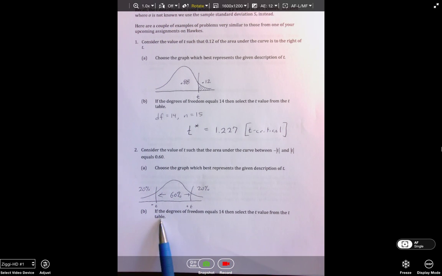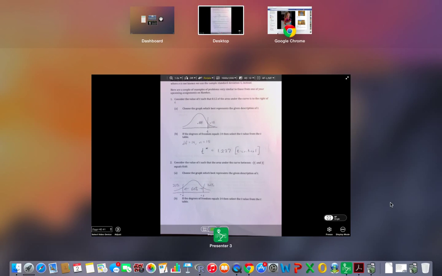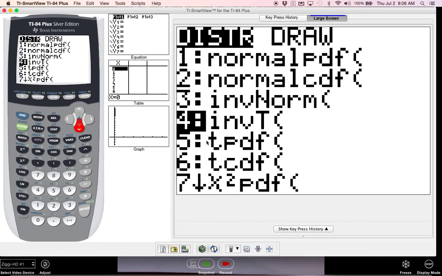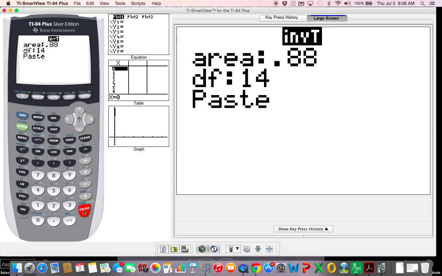Now down here it says if the degrees of freedom equals 14, then select the T value from the T table. Well, I don't use T tables. Again, I use the calculator. So I can find this value right here by doing what? Finding what has 20% to the left of it when degrees of freedom are 14. So guys, if I want to use my calculator, I can do inverse T. The area to the left is 0.2. Degrees of freedom still 14.